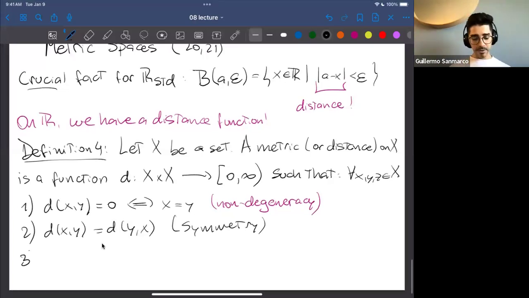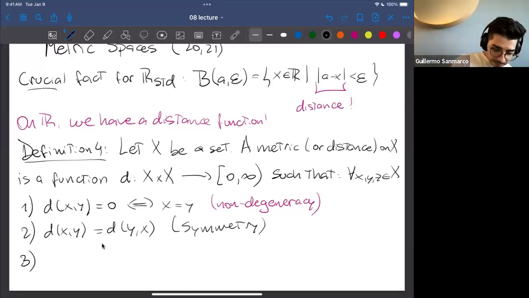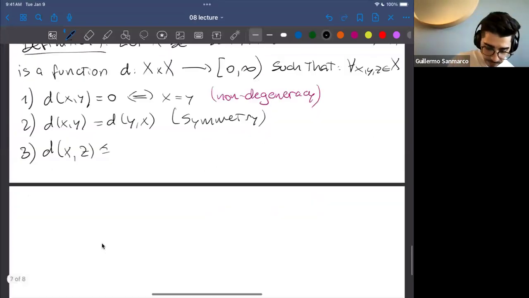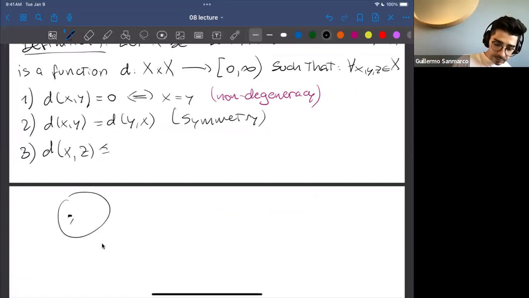And the third one, I mean, everything here is important, but this one is really what's behind everything. If you want to compute the distance from X to Z, what you should have in mind here is something like this: this is your set, here is X, here's your point Z. Now, in case you have a third point, it should always be easier to go from X to Z instead of going first to some other Y and then to Z. So how do you write that?